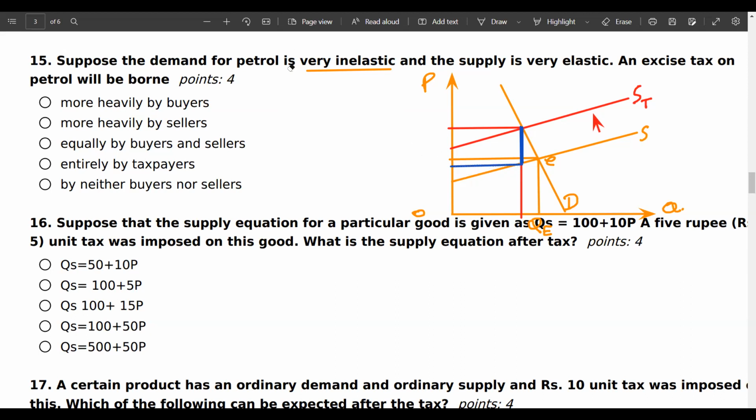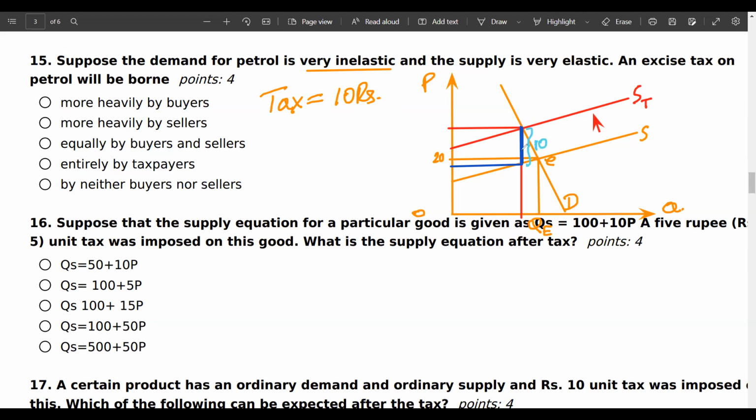For example, if I say the original equilibrium price is 20 rupees, let me write it in orange, and the tax amount that is charged is 10 rupees. Now, this gap, the blue line, is equal to 10 rupees.